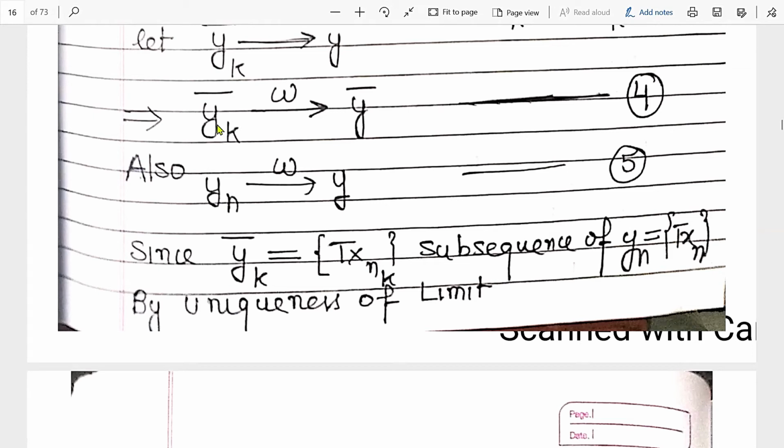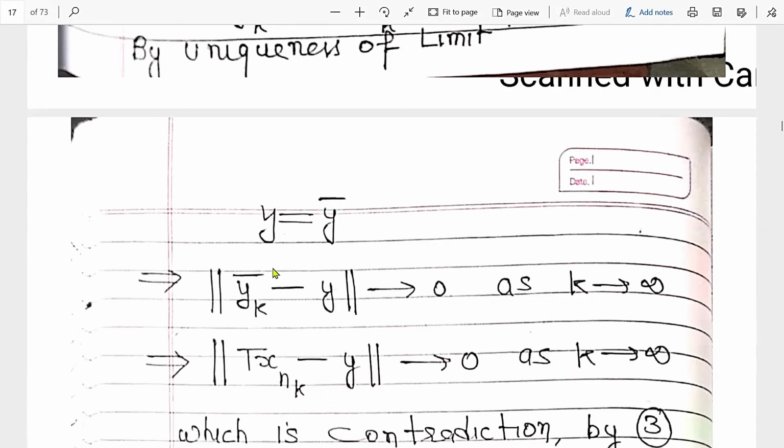So its subsequence converges to y, and also converges to y bar. So by uniqueness of limit, these are equal. If these are equal, then it implies yk bar minus y approaches 0 as k approaches infinity.